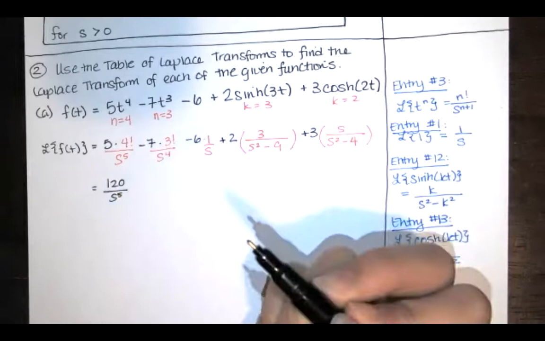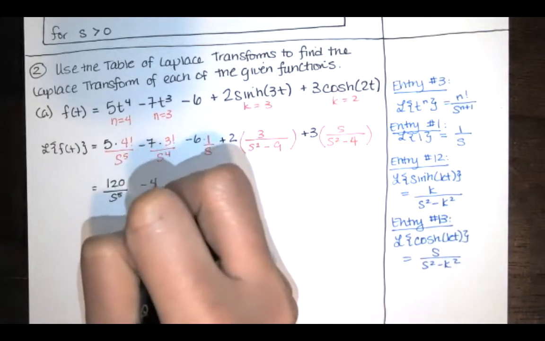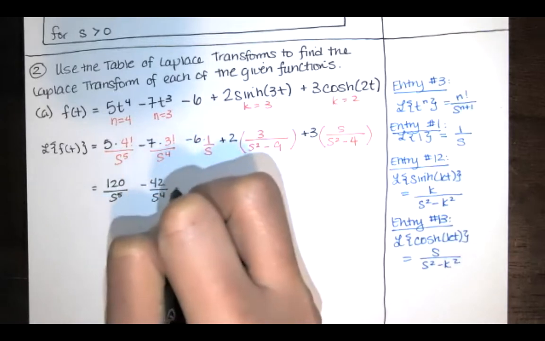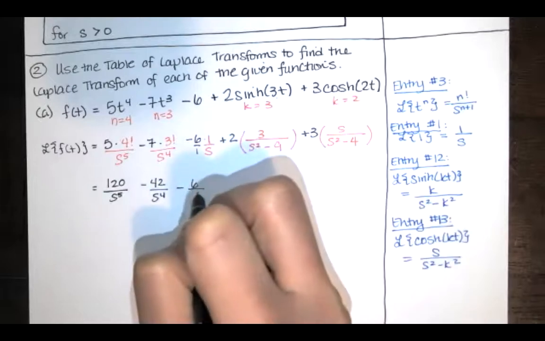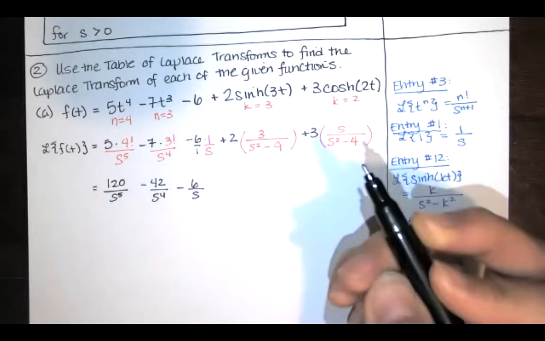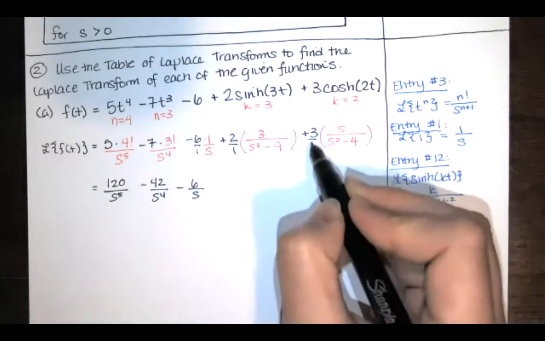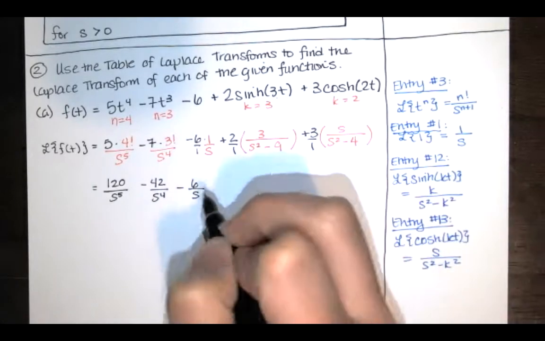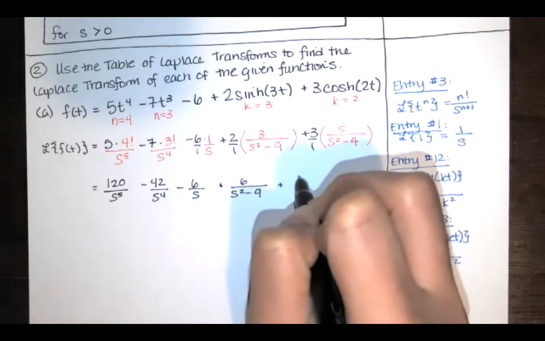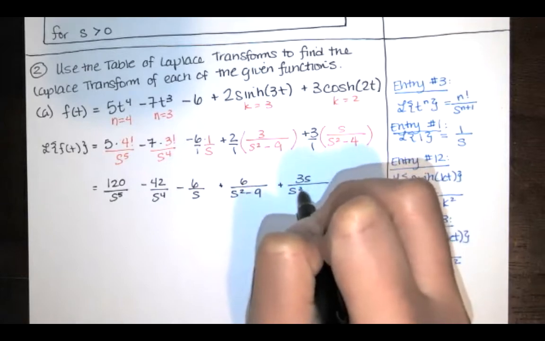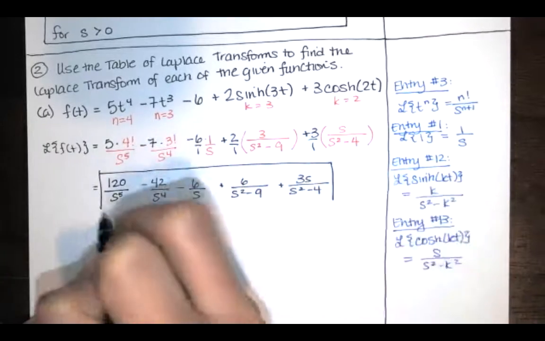Here we've got 3 factorial, which is 3 times 2 times 1, or 6, times the -7, which is -42. And of course, that's just going to give me a -6 over s. And I'll multiply this fraction by 2 over 1, and I'll multiply this fraction by 3 over 1, and we'll have 6 over s squared minus 9 here, and 3s over s squared minus 4. So that is our answer for part A.